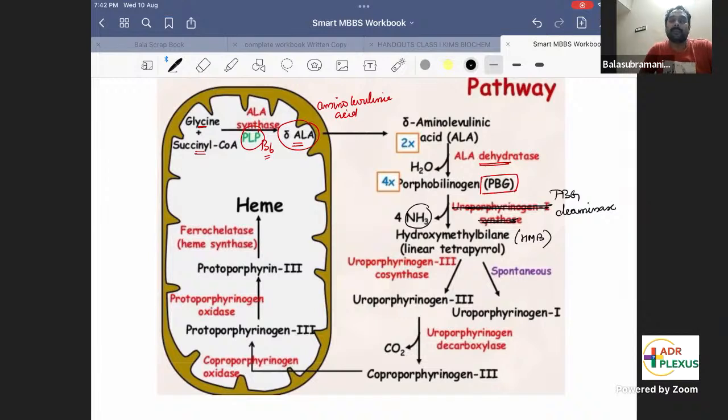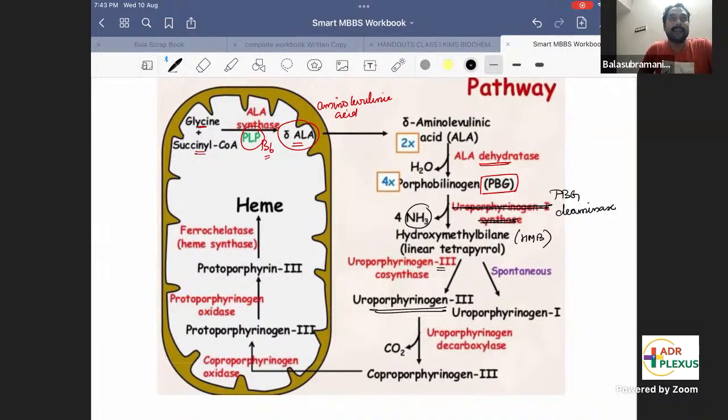This hydroxymethylbilane has 2 fates. It can spontaneously give rise to class 1 compounds, or it can be acted on by an enzyme called uroporphyrinogen 3 cosynthase to give rise to class 3 compounds. I basically told you heme is a class 3 moiety, so we will discard the type 1 molecule and only proceed with the type 3 molecule.